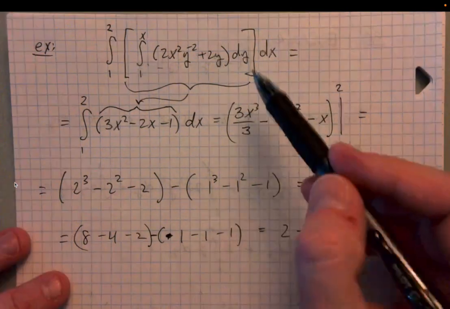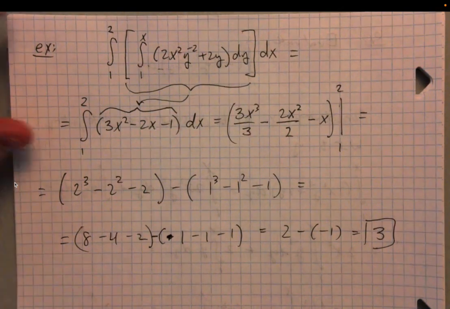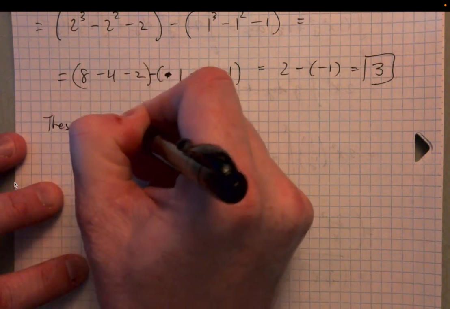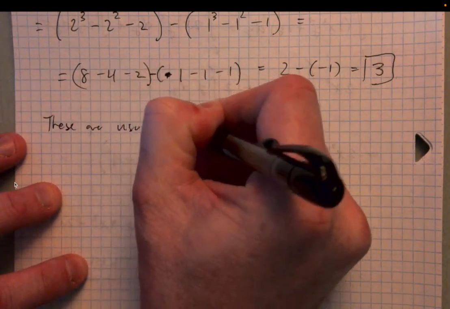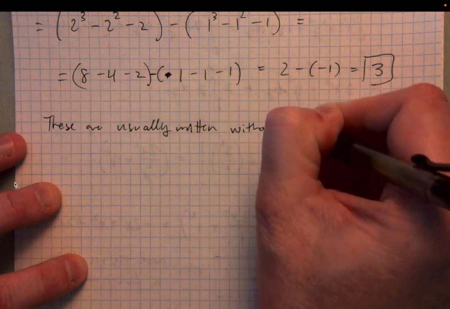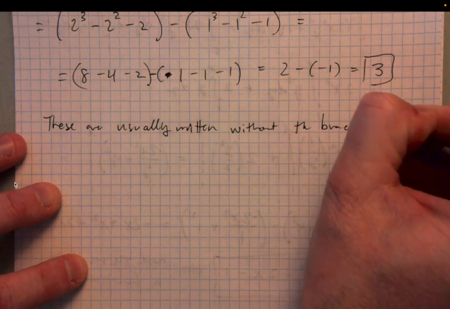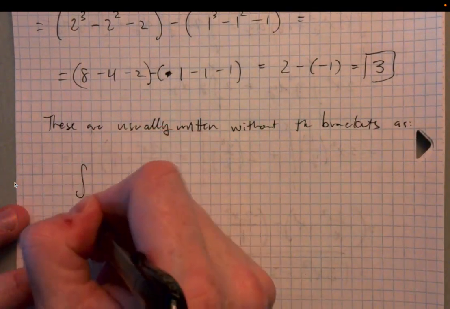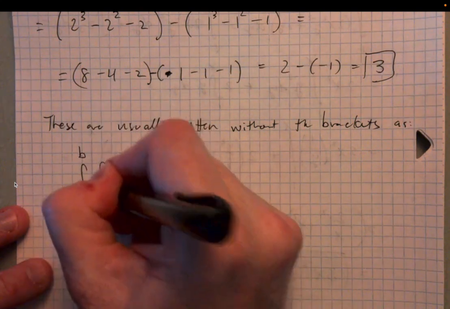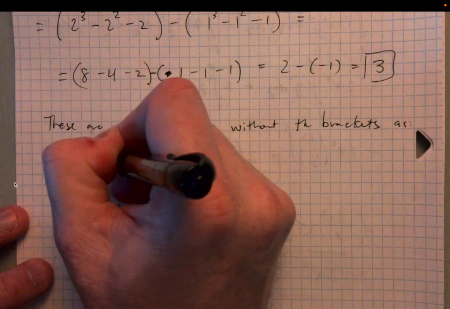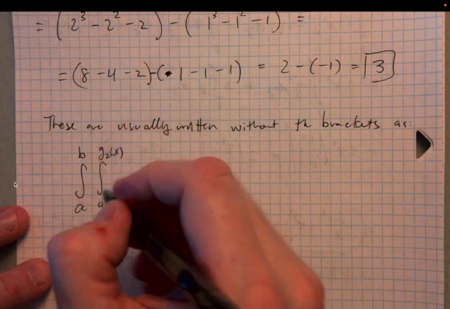I included the brackets here just to make the structure very plain, but normally we don't include the brackets. Let me just give some examples here. So usually you would write it like this, from A to B, and then the interior one would be like g1 of x to g2 of x, and then you're going to have some function.